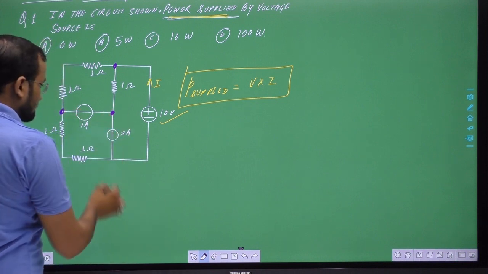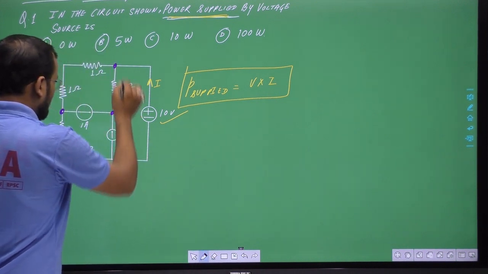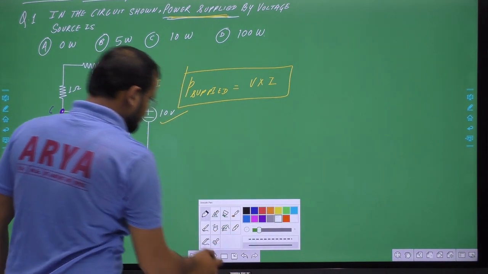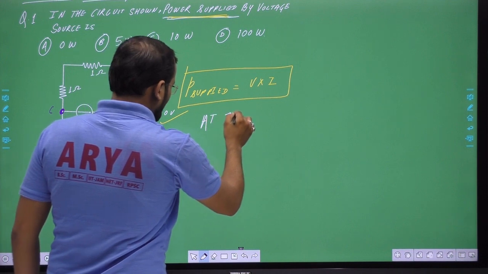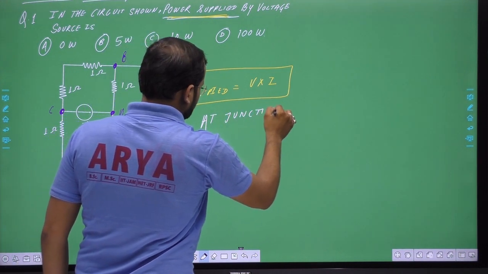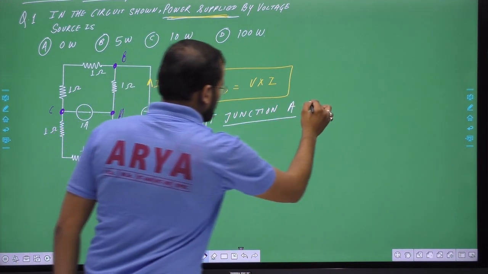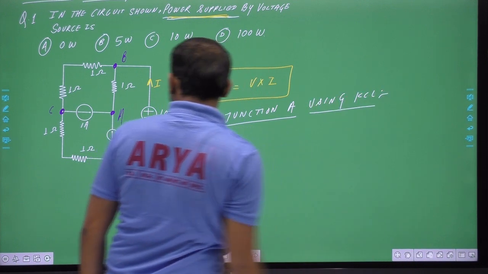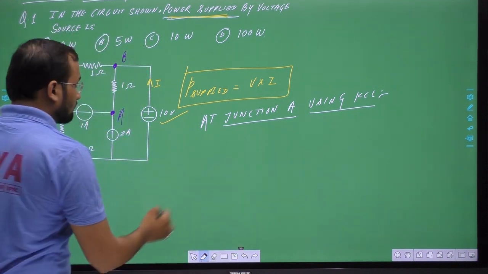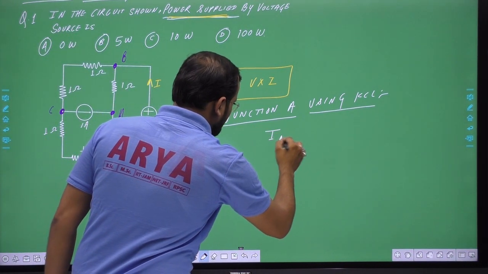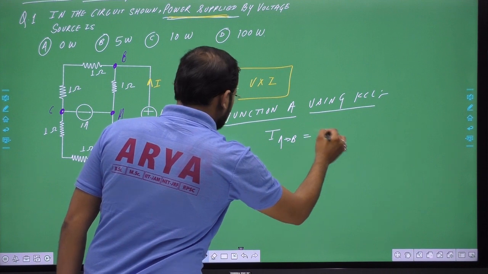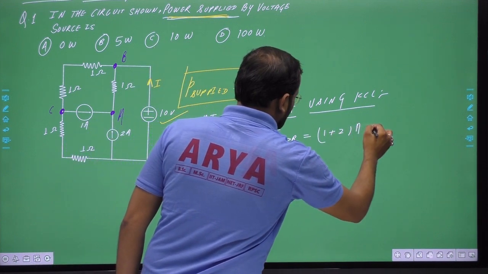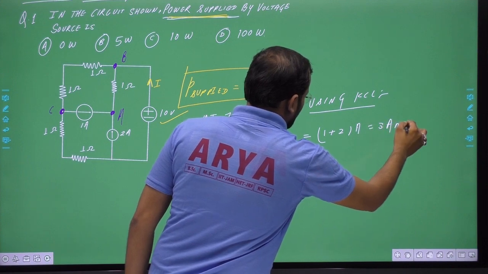At these junctions A, B and C, at junction A, using KCL, we will have the current from A to B. Current from A to B is equal to 1 plus 2 ampere, which is equal to 3 ampere.